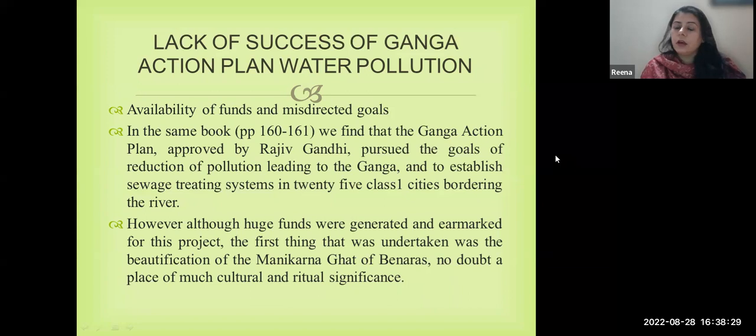Whenever an STP is designed, there is a defined designed capability to achieve a reduction in the polluting components, be it COD, be it BOD, be it heavy metals. So a designed reduction is always there.